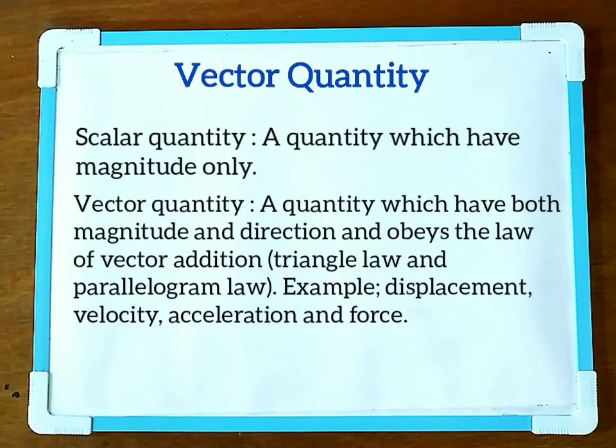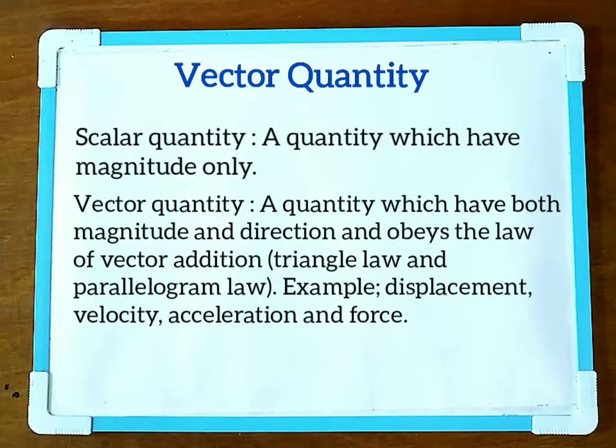And a vector quantity is a quantity which has both magnitude and direction, and it also obeys the law of vector addition, which is the triangle law of vector addition and the parallelogram law of vector addition. So a quantity which has both magnitude and direction and obeys the laws of vector addition is known as a vector quantity.